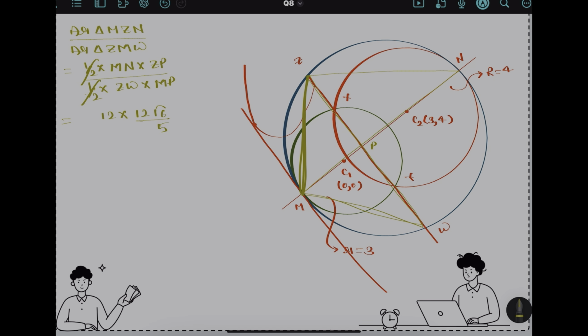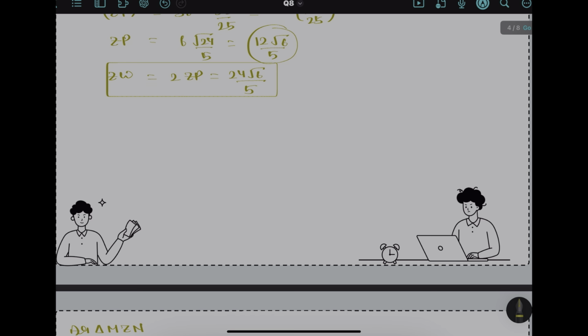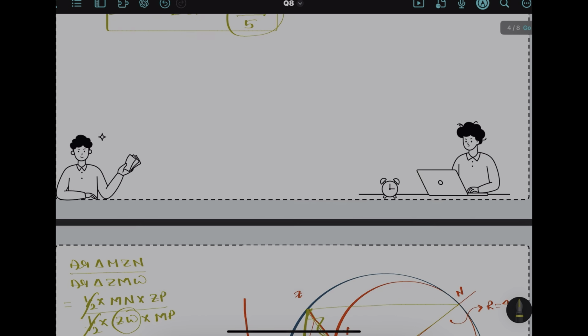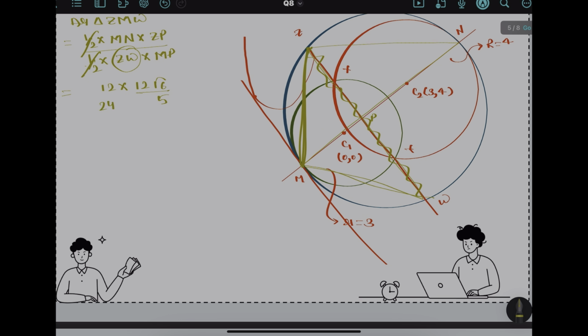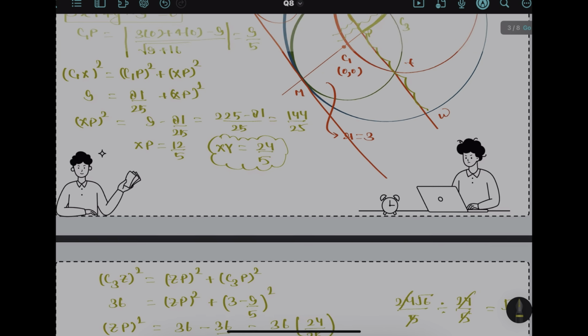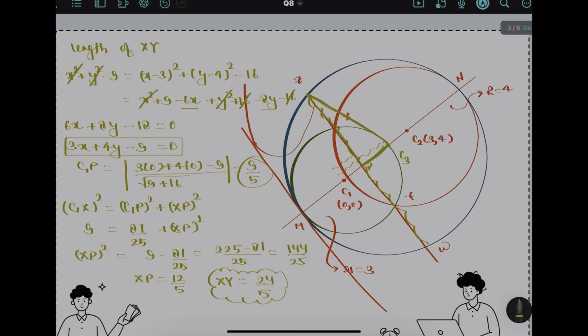Now ZW. So this distance ZW is 24 root 6 by 5. Now MP. MP is this. So MP, you know that it is this radius plus C1P. So 3 plus C1P, we got, I think, 9 by 5.